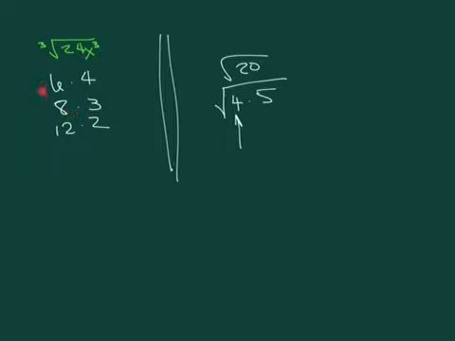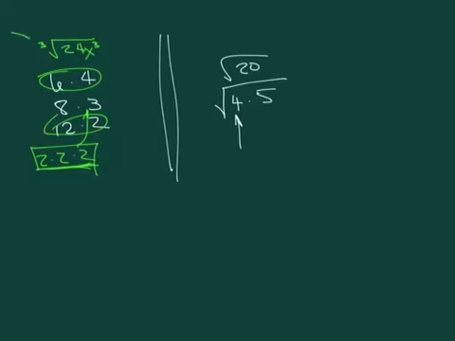Okay, so I'm just going to tell you it's 8, because I can go 2 times 2 times 2 and get 8. And then 8 times 3 is 24. So 8 is the number where I can find a cubed root of. I can't with the 12 or the 2, can't with the 6 or the 4.